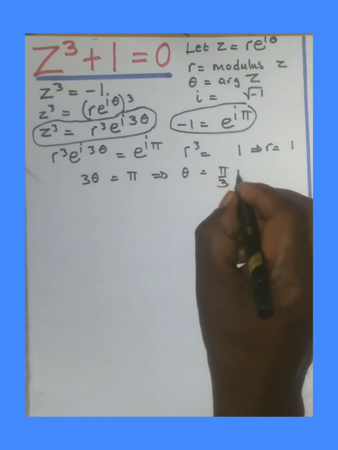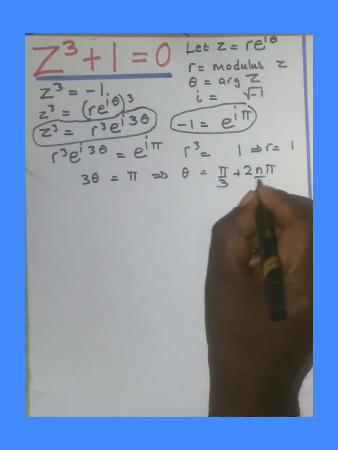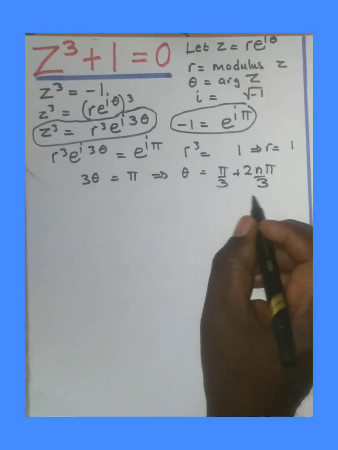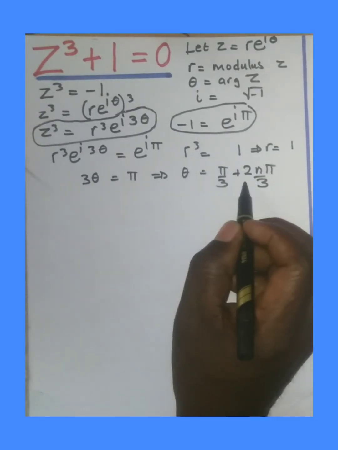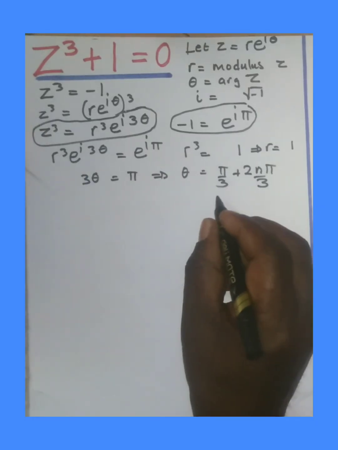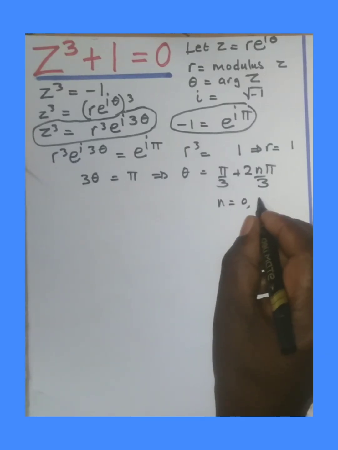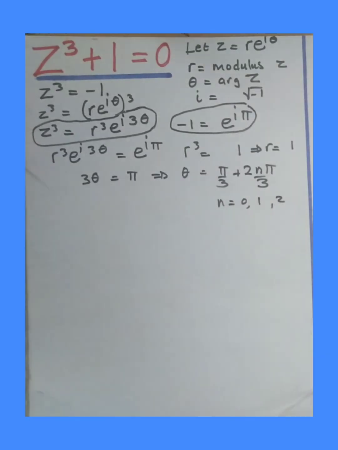So we have to add the multiple 2n pi over 3 here to the argument. Now n is the number taking the values n is equal to 0, 1, or 2.